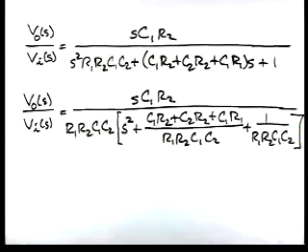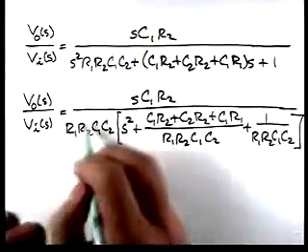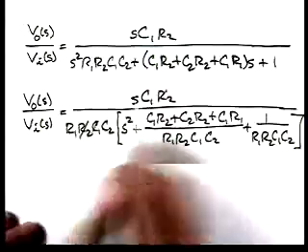Now we can cancel out a couple of terms here. For instance, the R2 cancels out and the C1 cancels out.